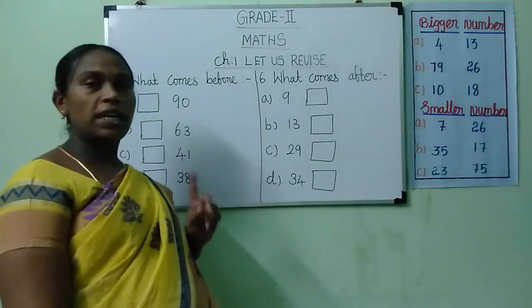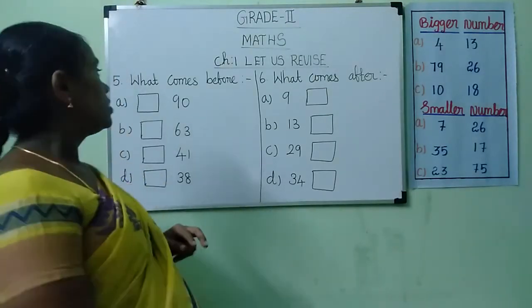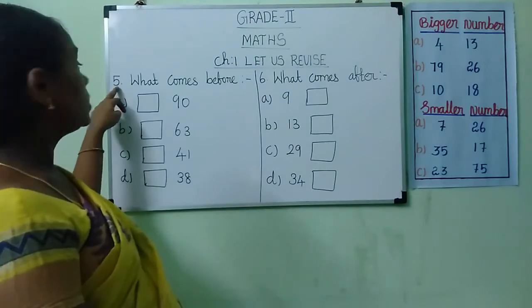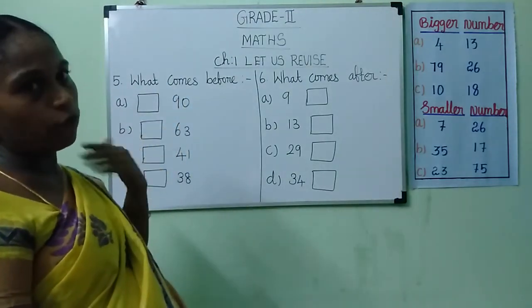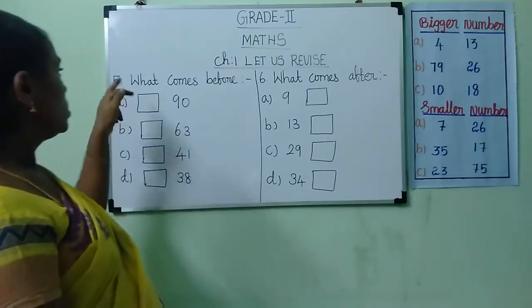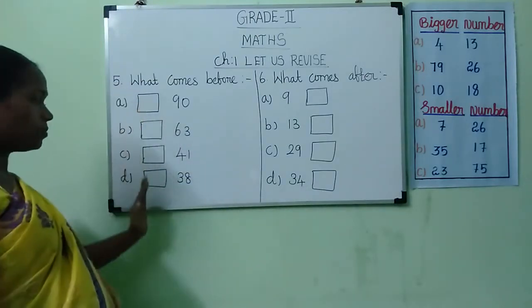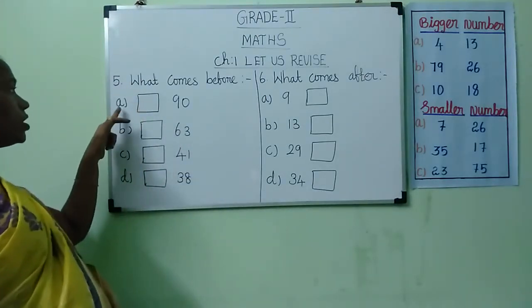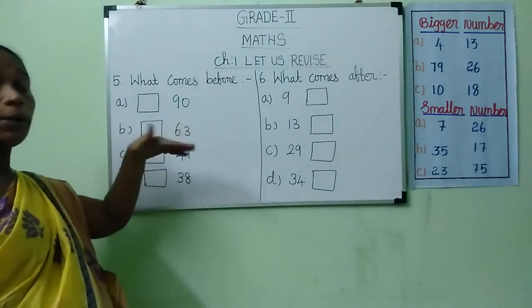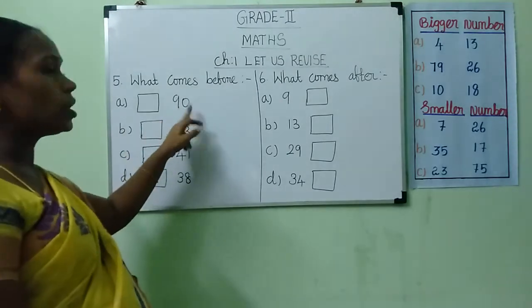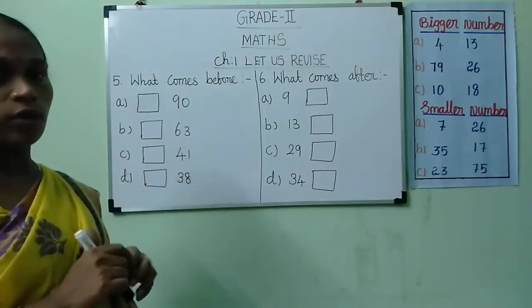Next, take page number 7. See the fifth one. What comes before? Already we have learned, before means front number. See, here also some sums are given. The first one is 90. 90 before, what will come?